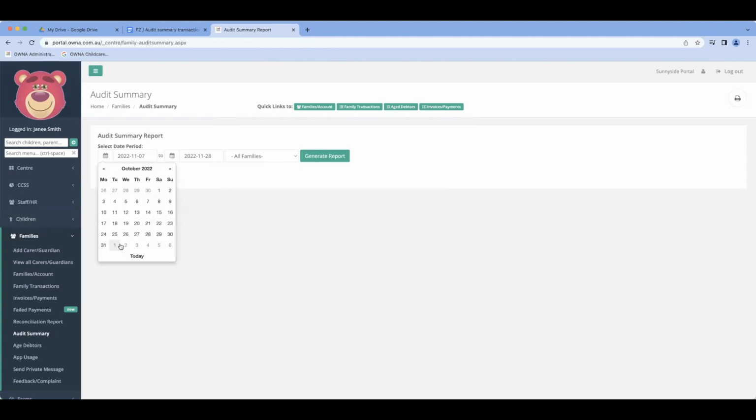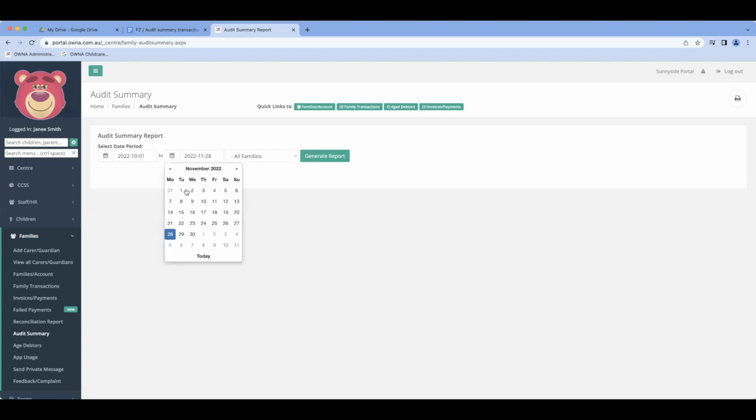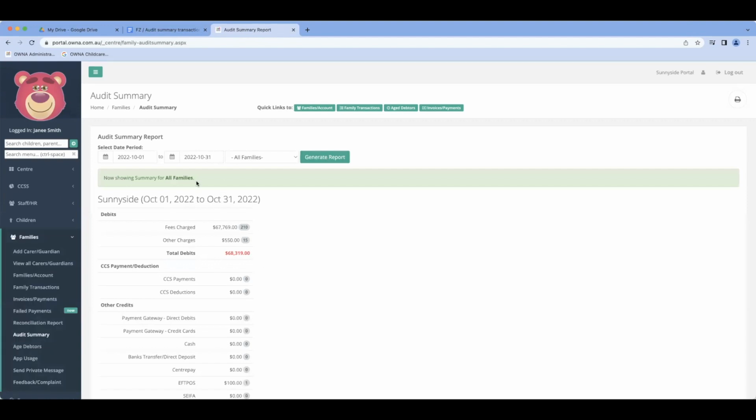So I'm going to count 1, 2, 3, so it won't hit till the 2nd of November. So just keep in mind, if you run this report from the 1st of October to the 31st of October, the last week of those payments might not hit your account till November. So then you would include those ones in your November reconciliation.